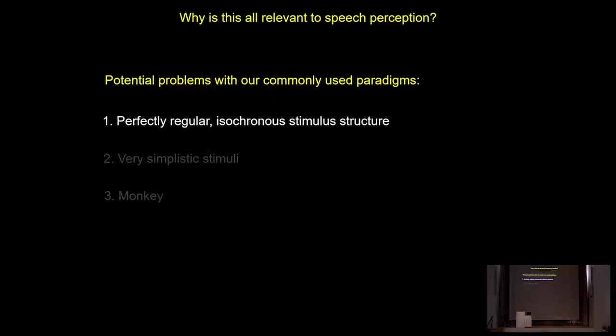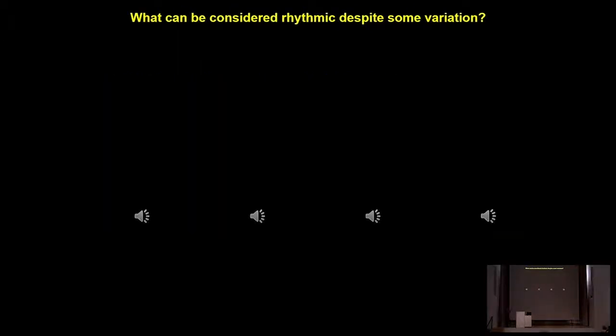We recently brainstormed with Molly Henry and Jonas Obleser about this: how do we define rhythm? What can still be called rhythmic despite some stimulus onset asynchrony variation? And we came up with a few criteria. One of the most important being that you can ask people, do you perceive this as rhythmic, or do you think this is completely irregular stimulation?